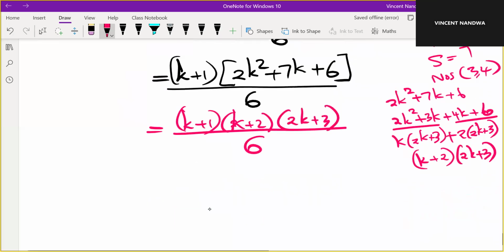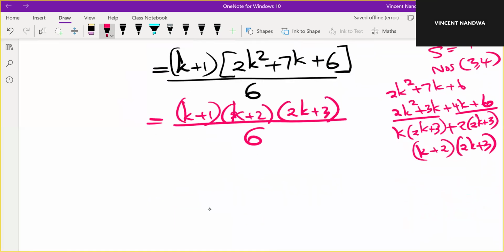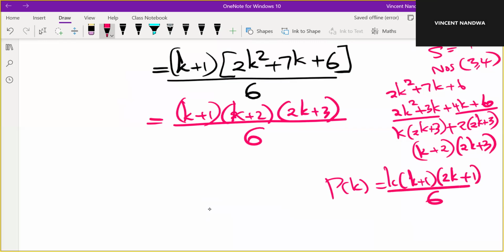But remember, so that we show that P of k plus 1 is true, what was P of k up there? It was k into k plus 1 into 2k plus 1, divided by 6. So what are we expected to have as our P of k plus 1? You can read it from this P of k: replace where there's k by k plus 1.